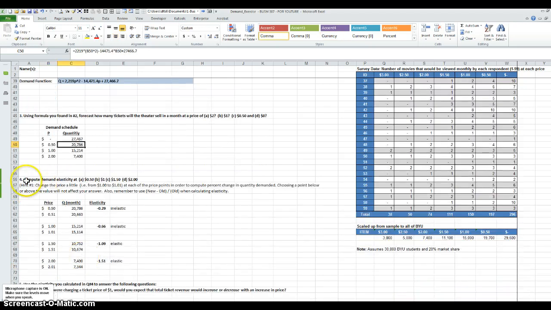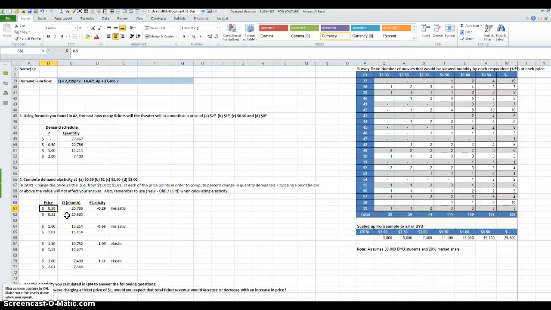Okay, so then it asks you to compute the demand elasticity at 4 price points. And to do that, you're just going to move in penny increments, so 50 cents to 51 cents, $1 to $1.01. So you're going to, again, use the formula that you derived up here. You're going to move in these increments, and then remember that when calculating elasticity, you always want to use new minus old divided by old.